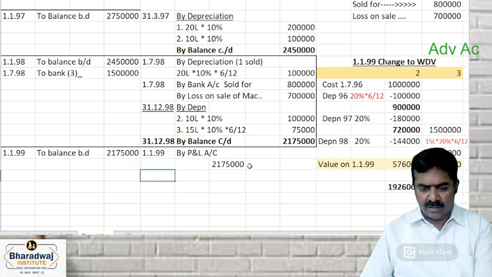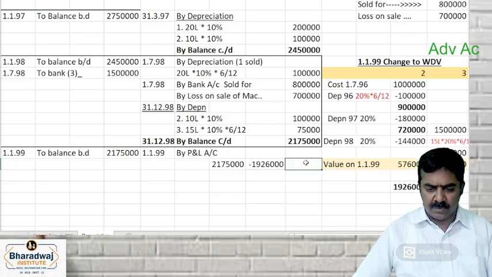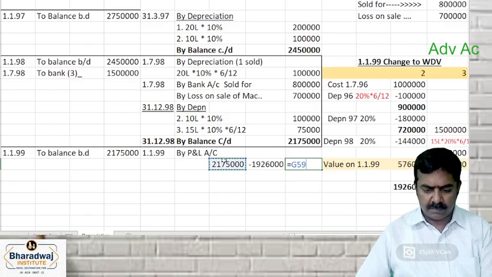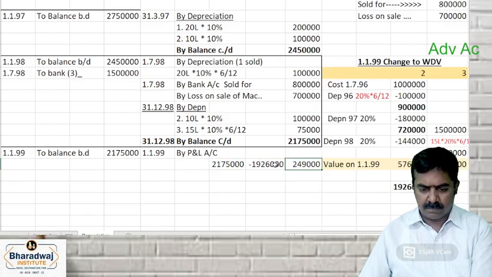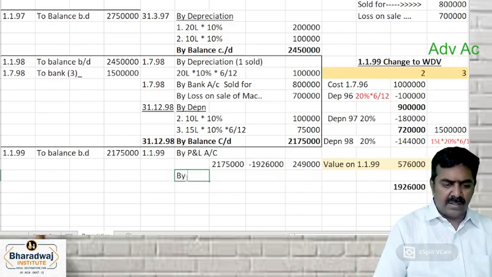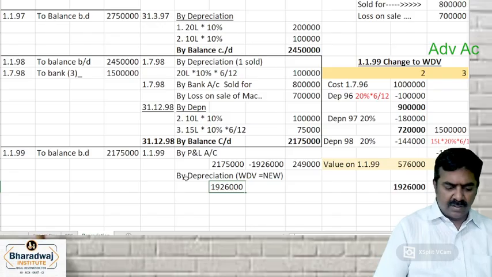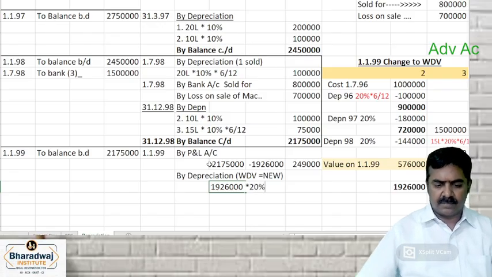The old value is this much, the new value is only this much. The difference you will charge to P&L account. Then by depreciation, WDV method, new method, 19,26,000 new value into 20%.